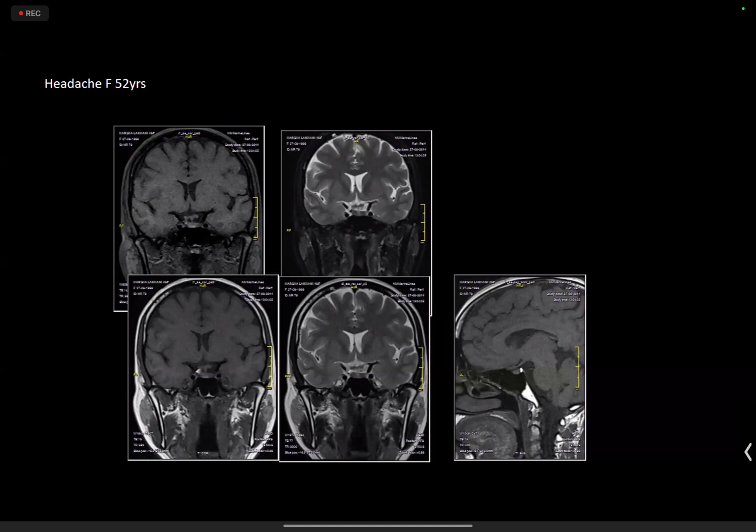A 52-year-old lady came for a routine MRI brain with complaints of headache.